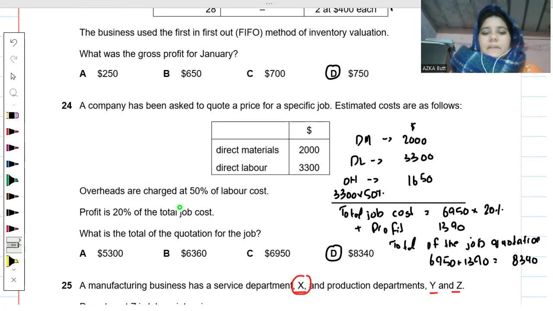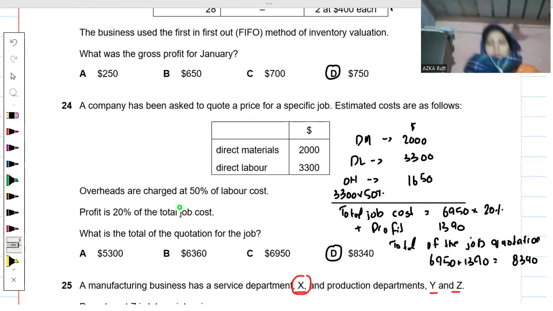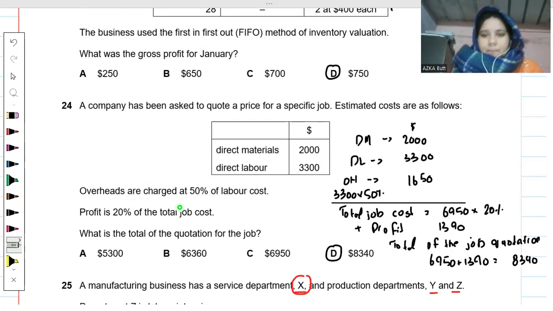Overheads are charged at 50% of labor cost, so we have to find 50% of the labor cost, which is 3300. And the profit is 20% of the total job cost. So whatever the cost of the job, we apply 20% profit on it, and then we quote that price to our customer.